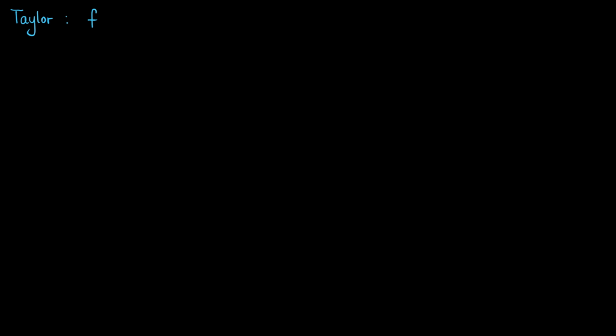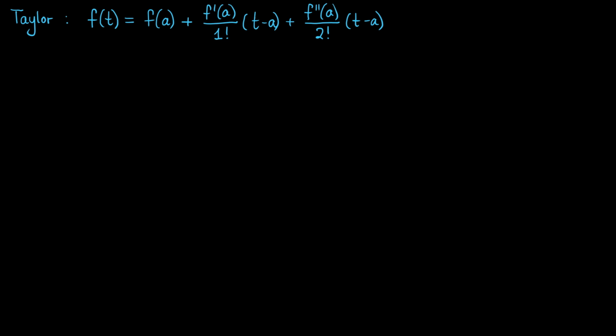So given a function f of t, the Taylor expansion is f of a, so the function evaluated at the point a about which we are expanding, plus the first derivative of f evaluated at a divided by 1 factorial times t minus a, plus the second derivative of f evaluated at a over 2 factorial times t minus a squared, plus the third derivative of f evaluated at a over 3 factorial times t minus a cubed, and so on and so forth.